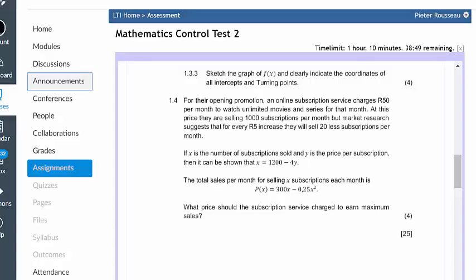X represented the number of subscriptions sold. And they tell us, what should the price of the subscription service be? What price should the subscription service charge to earn maximum sales? And in order to get maximum sales, x has to be 600. Okay, now x is the number of subscriptions sold. I want y.